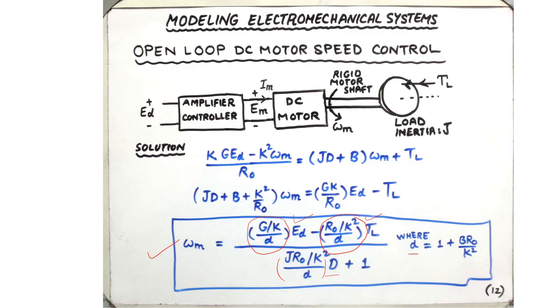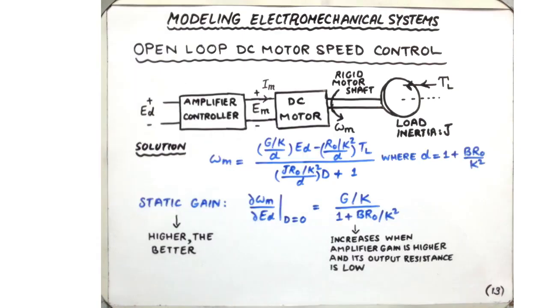This is 1 plus p times R naught divided by k square. So that is written out separately. This is the desired differential equation. However, we are also interested in looking at some of the parameters of our interest, such as the static gain.